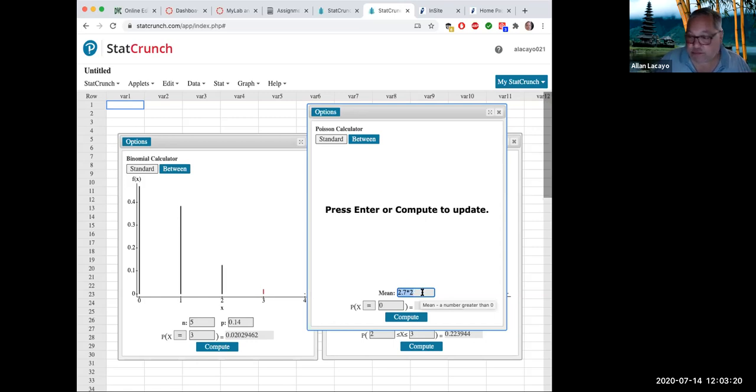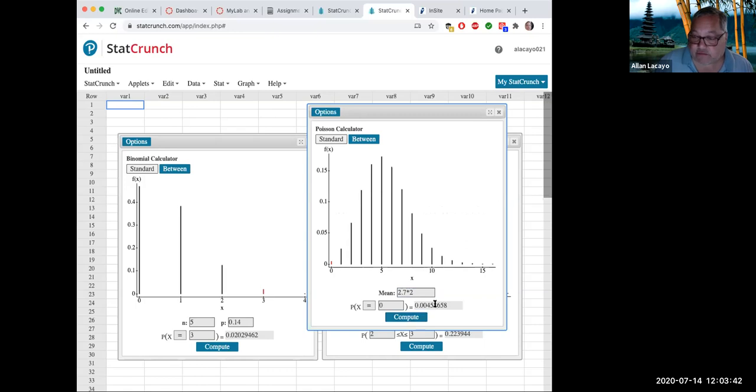So in this case, 2.7 times 2 is 5.4 sales in 2 minutes. So 2.7 sales in 1 minute is 2.7 times 2 in 2 minutes. If this had been 10 minutes, you would say 2.7 times 10. You would have scaled the average to the number of minutes you're computing for.